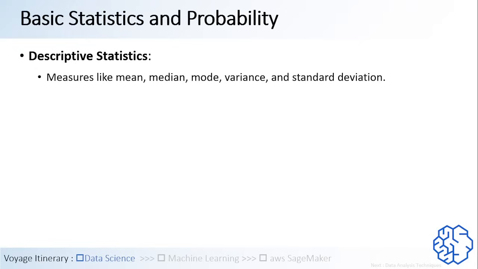Then next is median, right? Now median is something when you sort the data in a particular order, either ascending order or descending order, right? Then the center point of that data is what median is. Now all these statistical measures are important to know what our data is trying to tell, right? Think of this team. The program manager might be earning a lot more probably than the rest of the team, right?